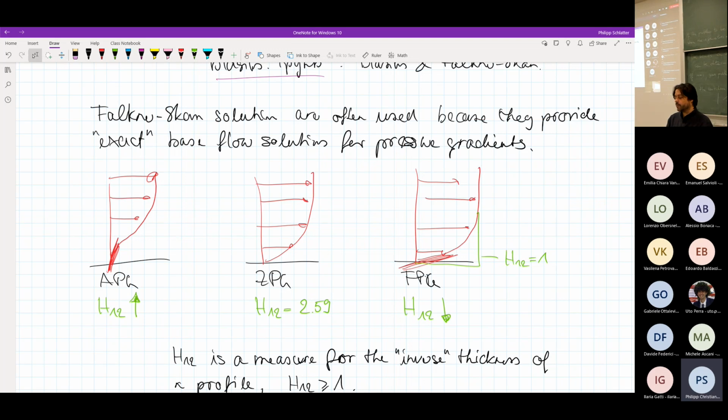But before I do, I would like to ask whether there are any questions regarding this part about boundary layers, about calculations of Blasius, Falkner-Skan, etc. Anything that is unclear or anything that we should maybe go through again? I have a question. Yes?